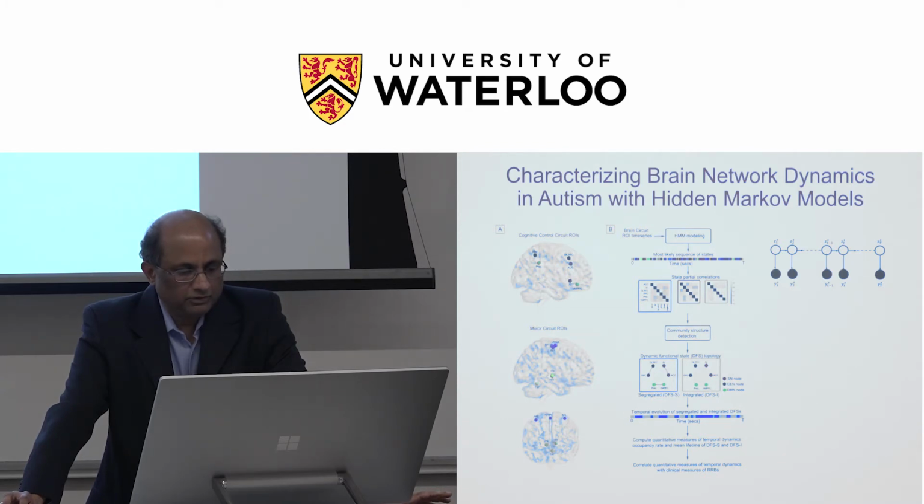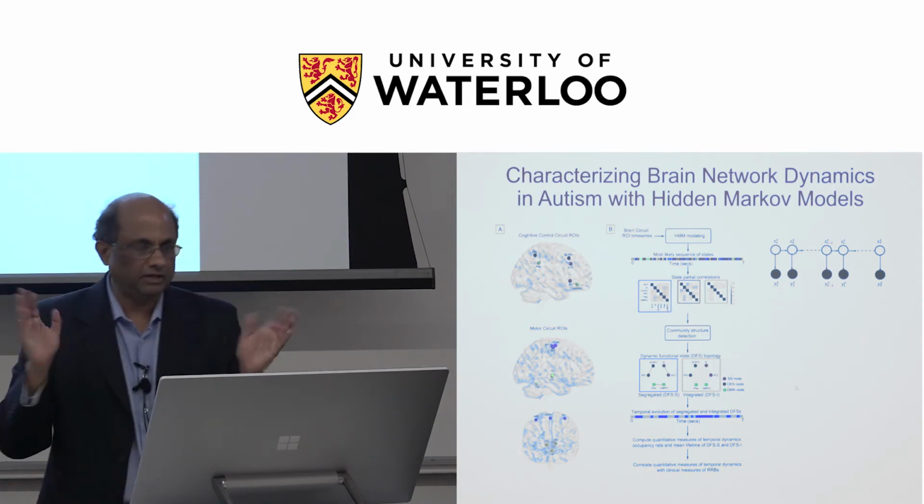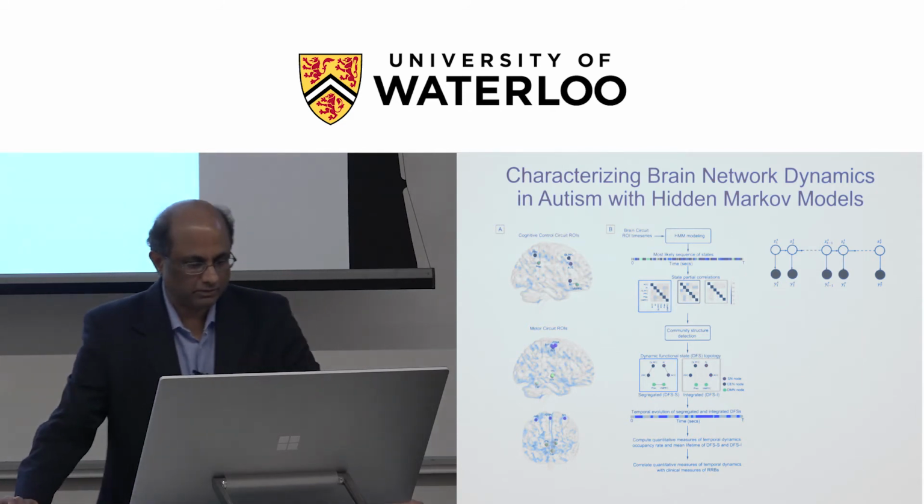One of the things we see here is what we saw in the static state, which is that these networks are completely dissociated from each other. There's no crosstalk between them. We call this the segregated state, that we started out with earlier. And there's the integrated state where these nodes are talking to each other. So this is how we've reduced the space from this complex set of states into two canonical states.